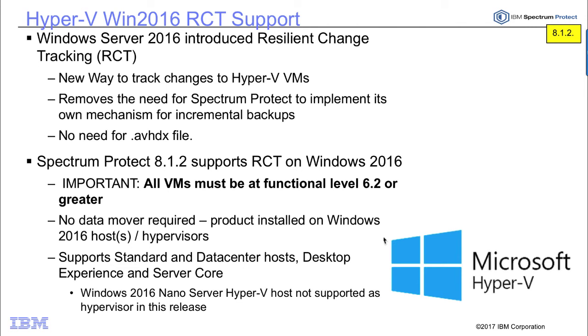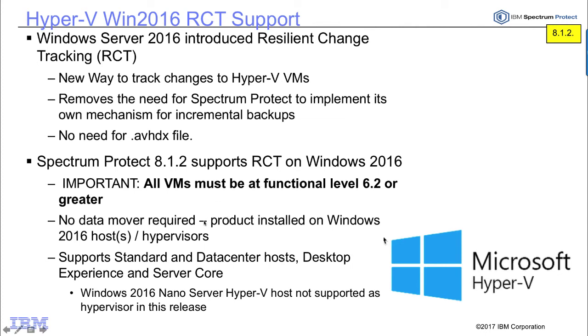So it's really an improvement and much more scalable than previous versions. Now, there are some caveats to the support for RCT and Hyper-V. All VMs must be at functional level 6.2 or greater, so when you're upgrading to Windows 2016, you may have to consider upgrading the functional level of the virtual machines.